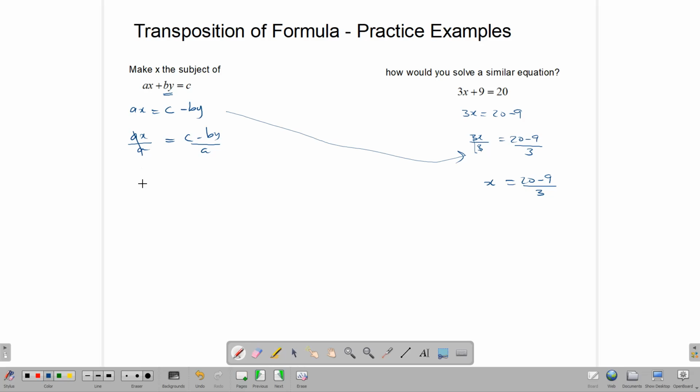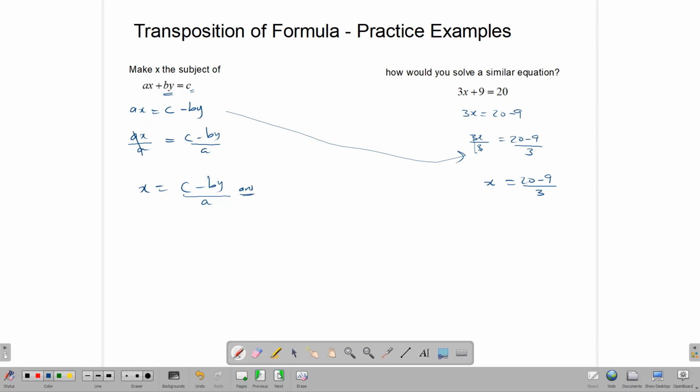Doing our division, we end up with x is equal to c minus by over a. And we have finished this question. We have successfully made x the subject of the formula. In this formula, c was the subject. Now we have changed it so that x is now the subject.